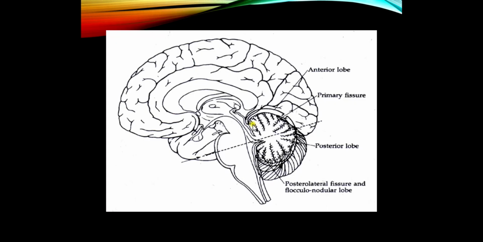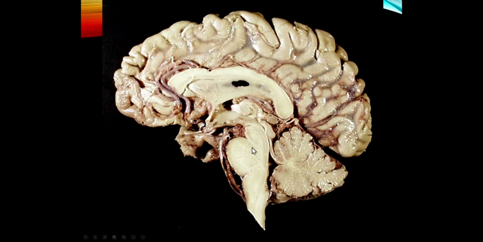So in a drawing, here's the anterior lobe. Here's the posterior lobe. Okay, and we have a primary fissure here that separates the anterior lobe from the posterior lobe. The flocculonodular lobe is in the midline right here, so you really can't see it on a sagittal section.